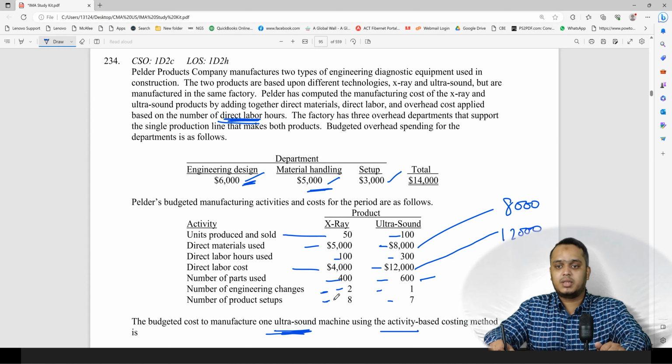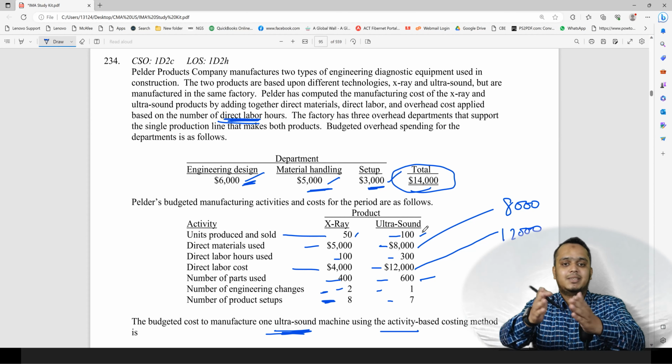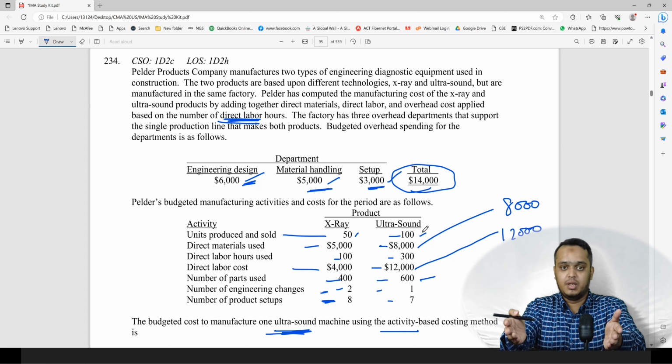And the number of product setups will be for my setup cost. I can take this 14,000 and state that I have used this as my indirect cost for 50 units of X-ray and 100 units of ultrasound. I can just divide it on this basis. If I divide it on this basis, that is the traditional costing method.